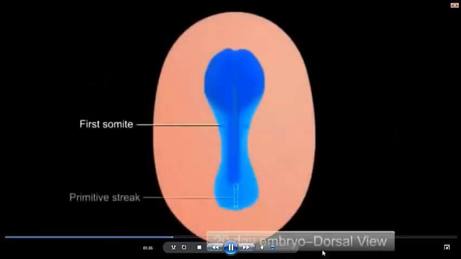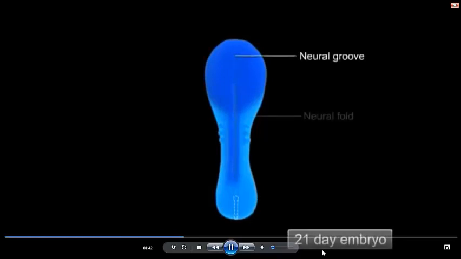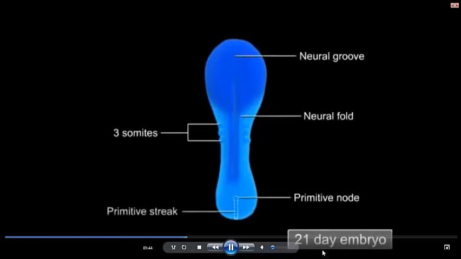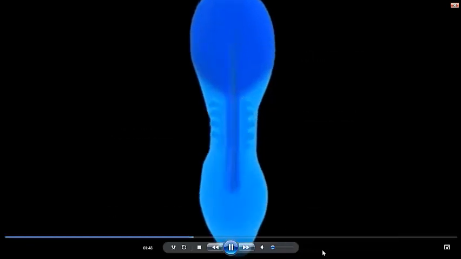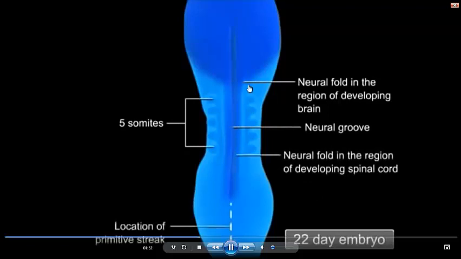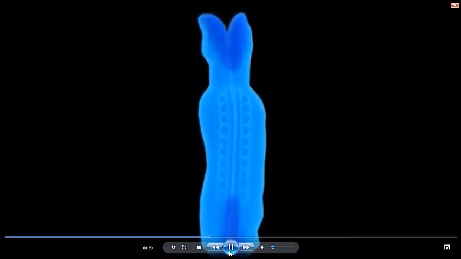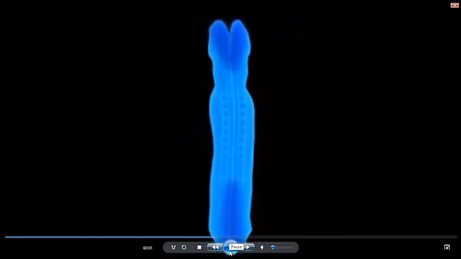Okay, and we're just going to look at the formation again from a different viewpoint. It's showing you how the folds are going to end up fusing together in the midline. And you can see how part of it is expanded here, and see, it happened craniocaudally.